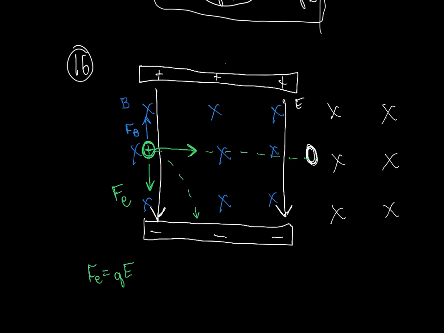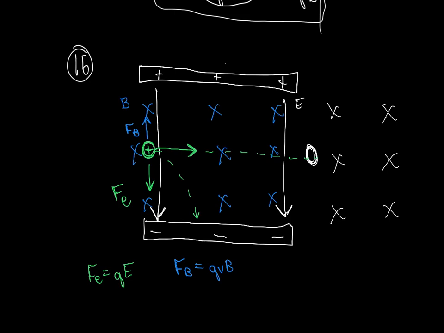What is the magnitude of that magnetic force? How big is the force acting on a charged particle that's moving with a velocity v in a magnetic field B? QVB. If I want this to pass through undeflected, I want the electric force to balance the magnetic force. I want those to be equal.